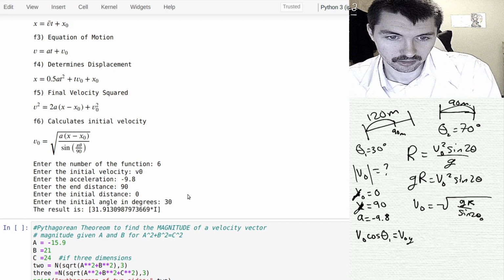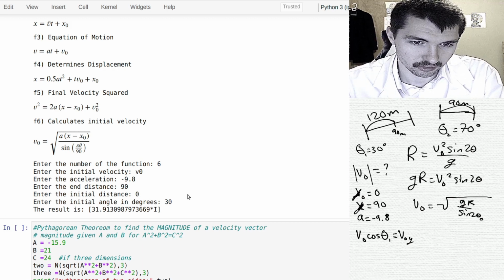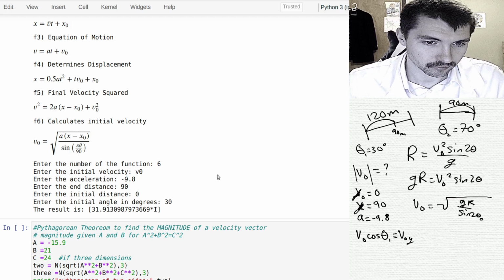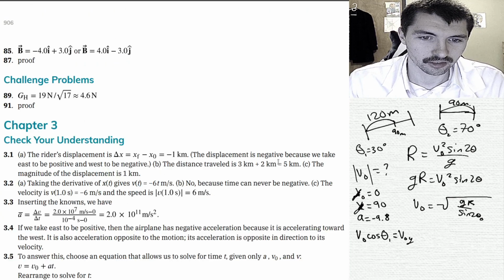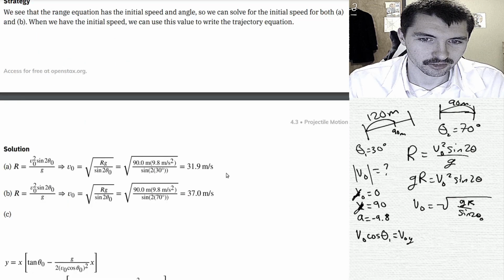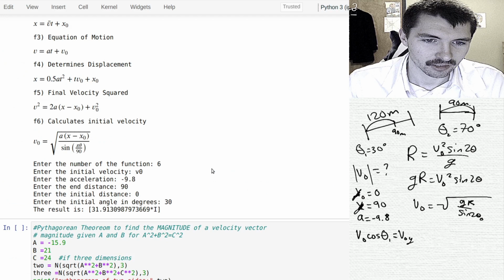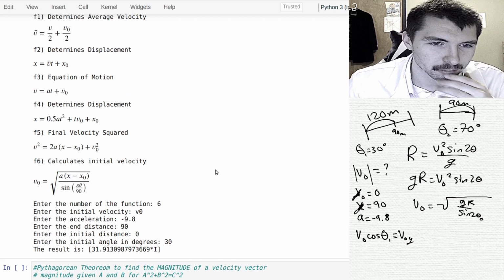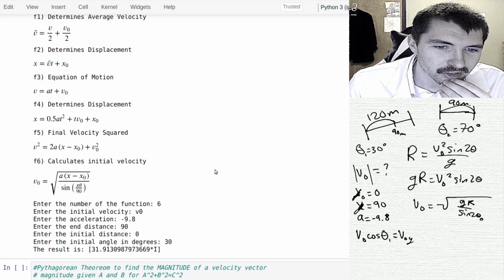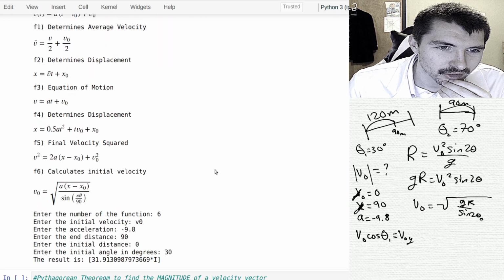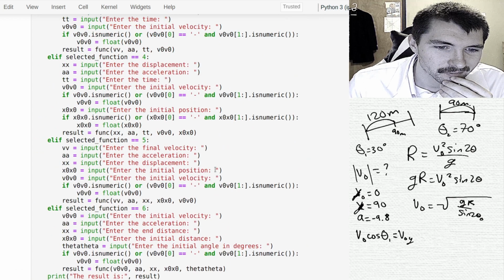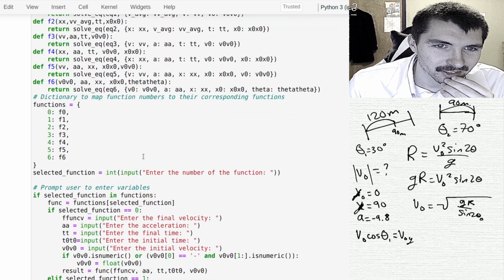We're getting something ugly. 31. Okay. So we're getting the right answer. Maybe it has to be absolute value. Velocity has to be absolute value. Should it be absolute value? This is tough.